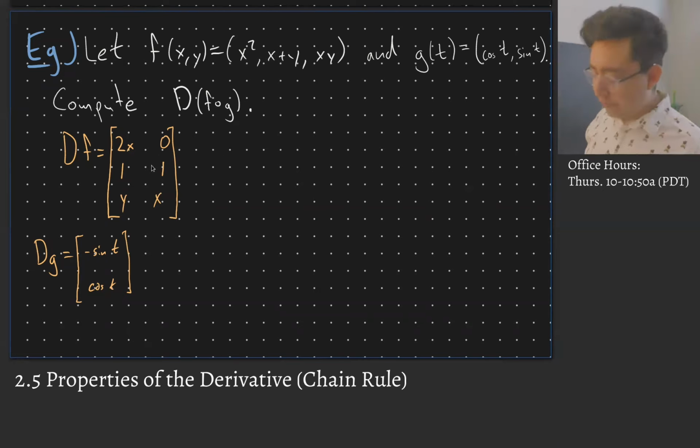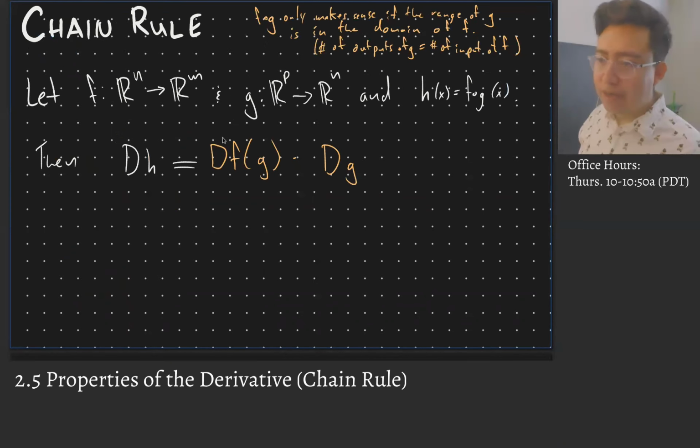And what that is, if you remember in the formula here, we're supposed to take df and plug in g. So if you remember right here, you've got to plug g into the derivative, the matrix of derivatives for f.